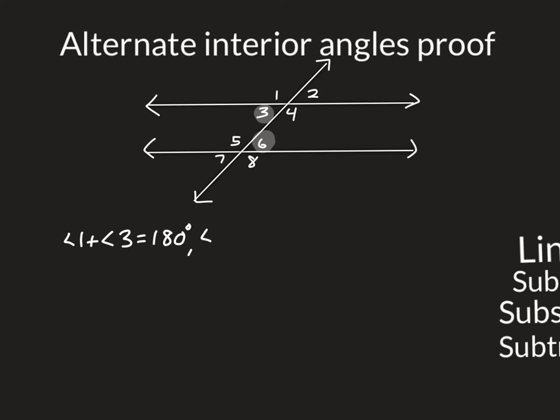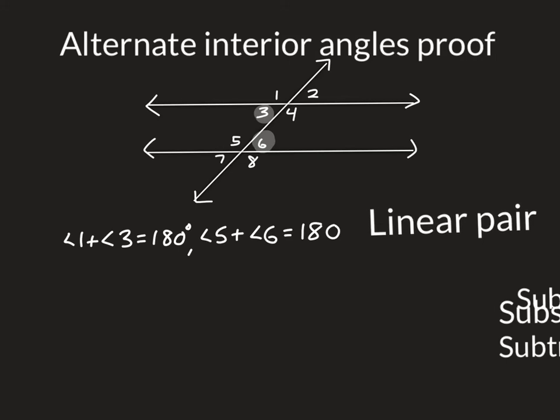So I can also say that angle 5 plus angle 6 is equal to 180. My reasoning is that these are each linear pairs, and that's why they add up to 180.